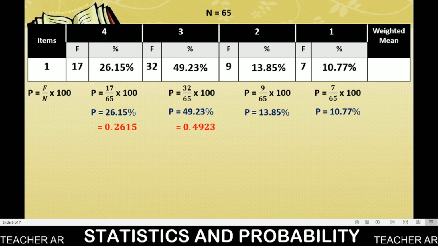The decimal form of that is 0.4923. Next, 13.85%. Converted into decimal, the result is 0.1385. And 10.77% divided by 100, or move the decimal point 2 places to the left, 1 and 2, it will become 0.1077. So we are done converting the percent into decimal, and this time, let us start computing the weighted mean.